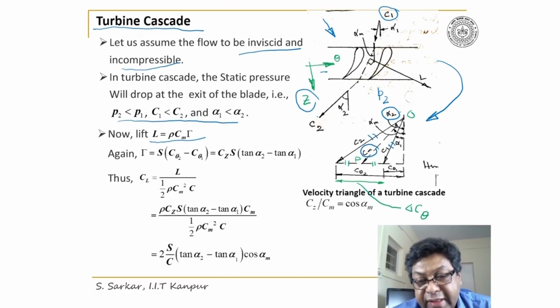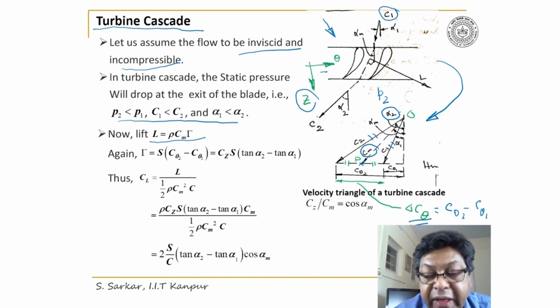Suppose the line segment del c theta is c theta 2 minus c theta 1 here. Look, c theta 2 is higher than c theta 1 in case of turbine. So this line segment del c theta has been divided equally by the point P here, and if I now join P and O, I'll get Cm, the vectorial mean velocity.